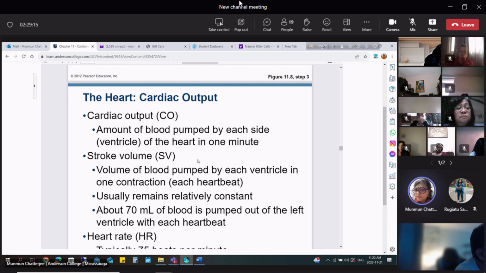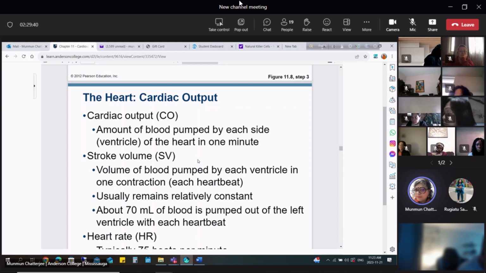So per stroke or per beat, how much blood is pumped by each ventricle is called the stroke volume. The volume of blood pumped by each ventricle in one contraction, one beat, each heartbeat. That is the stroke volume. Don't get confused between stroke volume and cardiac output.